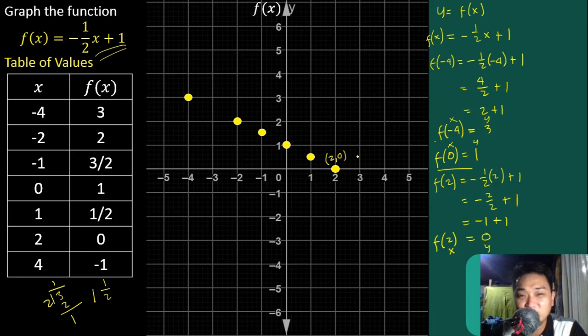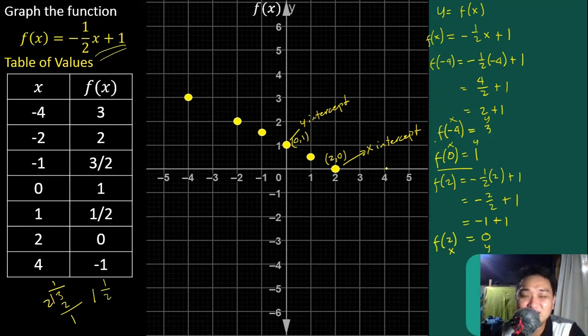Etong 2, 0 na yan, yan yung tinatawag nating x-intercept. Kung meron tayong y-intercept, ito po, this is our y-intercept, and the coordinate of our y-intercept is 0, 1. Meron tayong tinatawag na x-intercept.